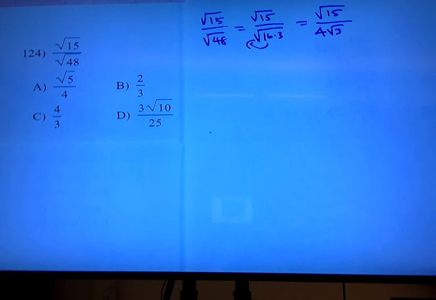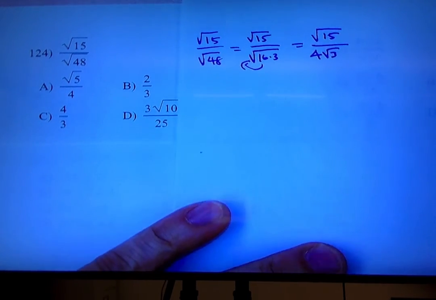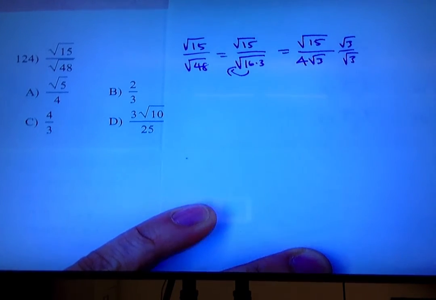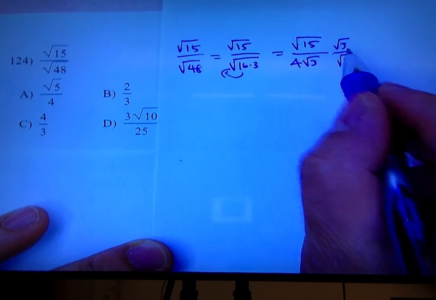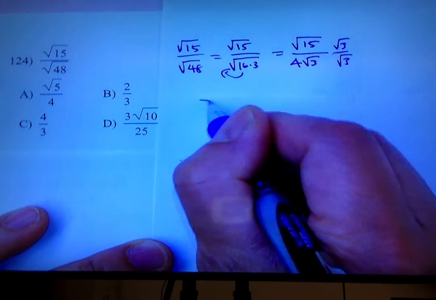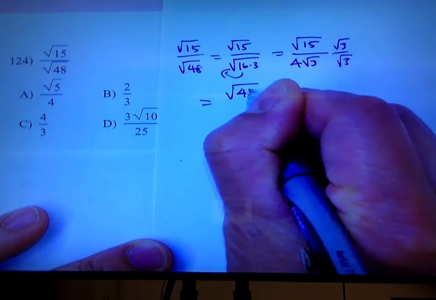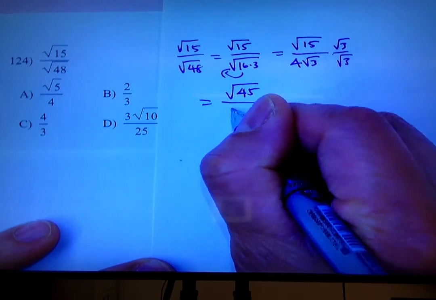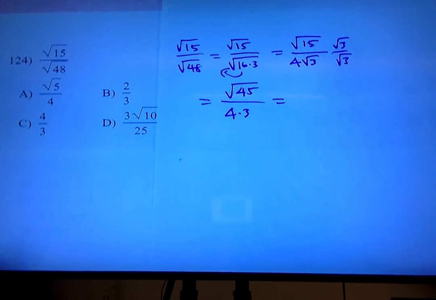And now what do we do? Now we can go ahead and multiply top and bottom by root 3. And so we're going to get root 15 times root 3, that's going to be square root of 45. And on the bottom we get root 3 times root 3 is just 3, so 4 times 3. So root 45, that is 9 times 5.